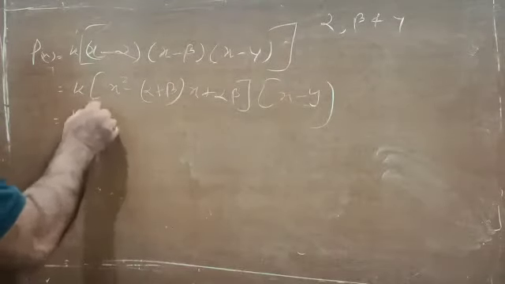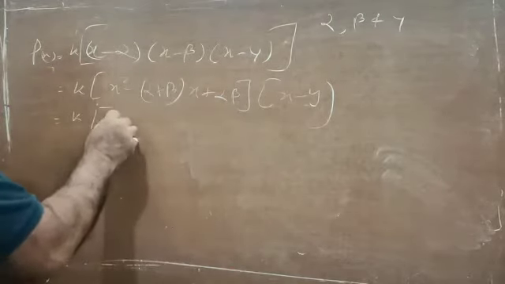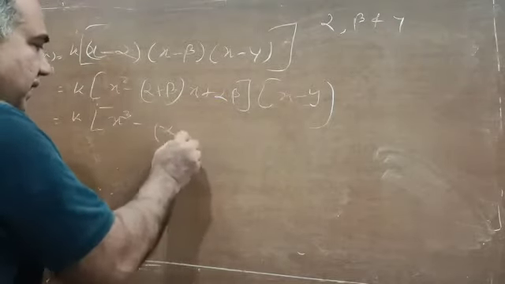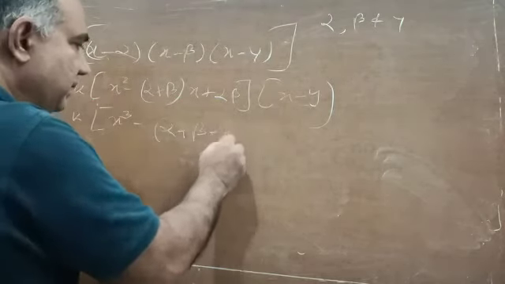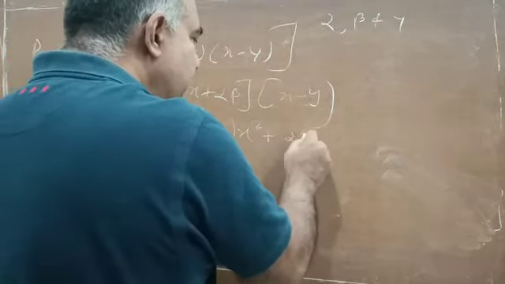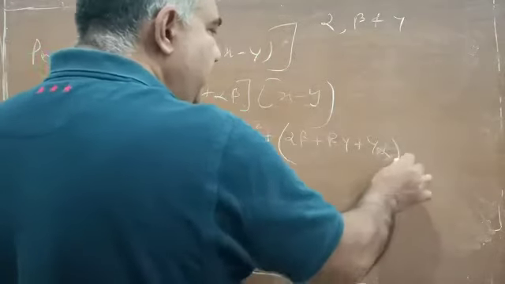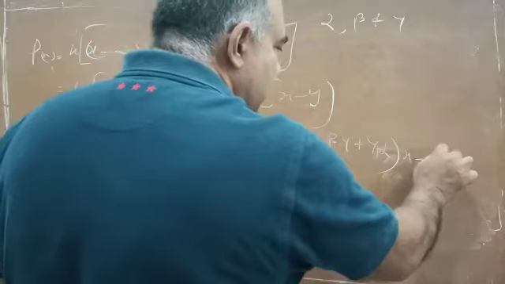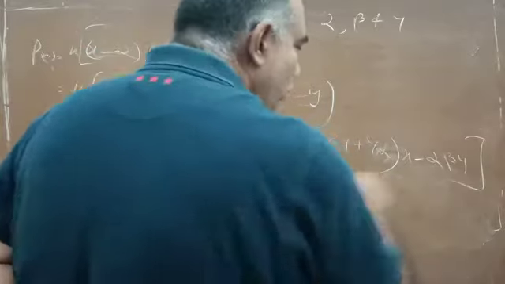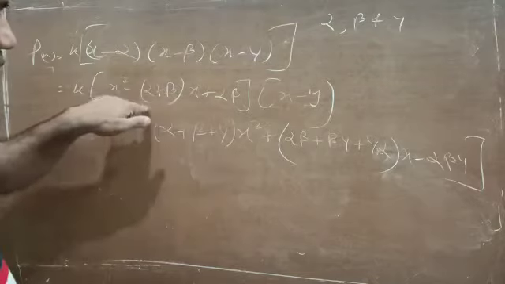If I multiply this term with the product of the first two, that will come out to be k times x cube minus (alpha plus beta plus gamma) into x square plus (alpha beta plus beta gamma plus gamma alpha) into x minus alpha beta gamma.